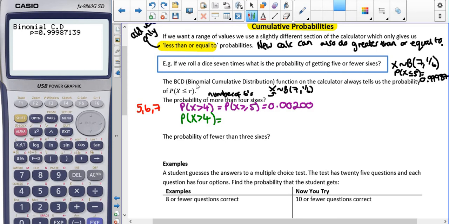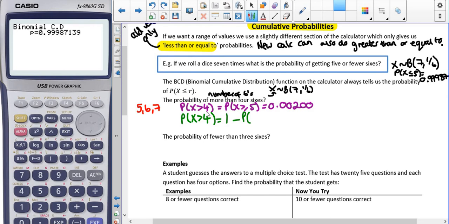So actually, we're going to have to do 1, because remember that all the probabilities are going to add up to 1. So the probability of x equaling 1 plus the probability of x equaling 2 plus the probability of x equaling 3, all the way up to the probability of x equaling 7 are going to add up to 1. So we're doing 1, take away the ones that we don't want.